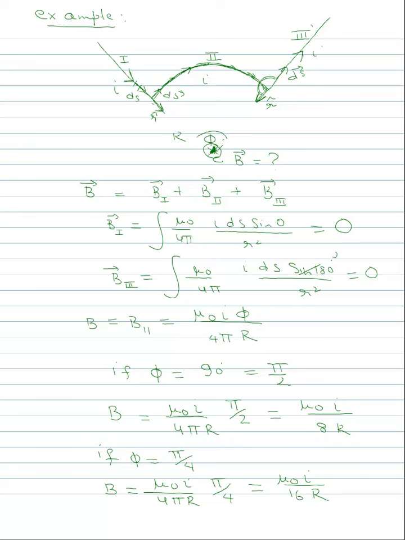Alright, let's try to do another example. In this particular case, we are going to figure out what is the magnetic field on the central axis of a current loop at a distance z from the plane.